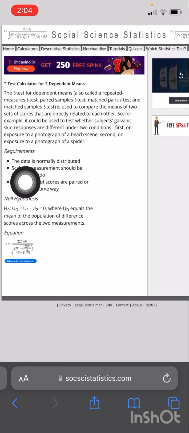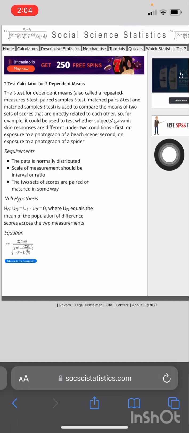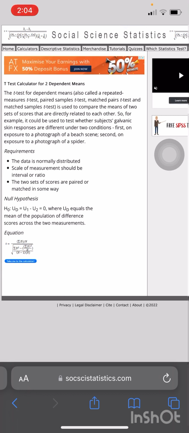The requirements are: the data is normally distributed, the scale of measurement should be interval or ratio, and the two sets of scores are paired or matched in some way.